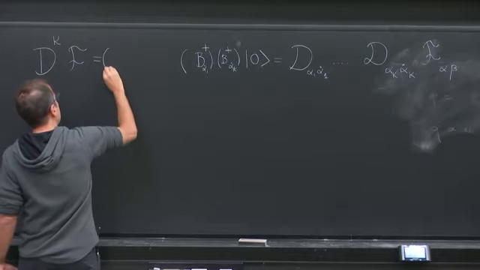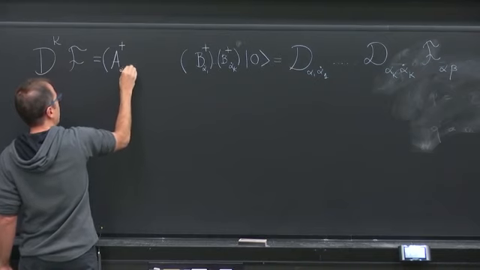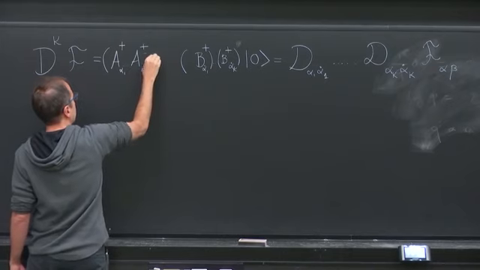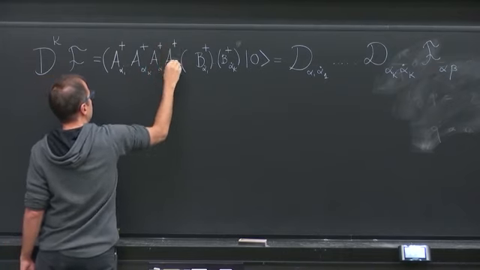And then I create the indices a dagger alpha 1, dot, dot, dot, a dagger alpha k, but I also create a dagger alpha and a dagger beta.